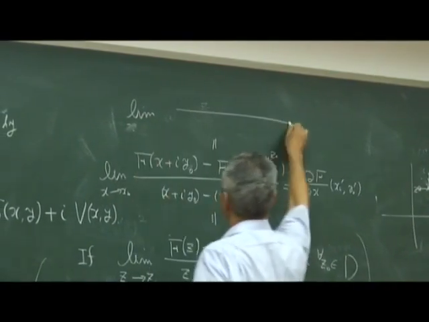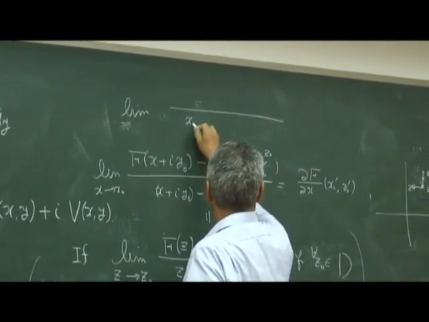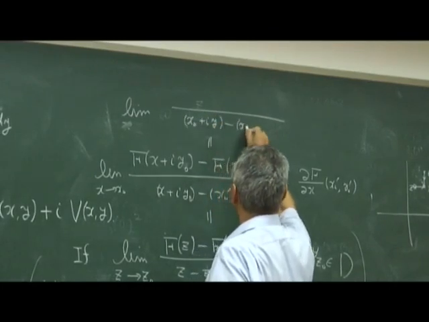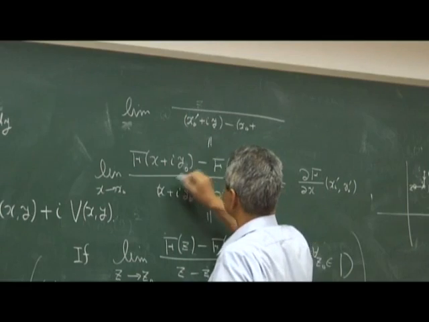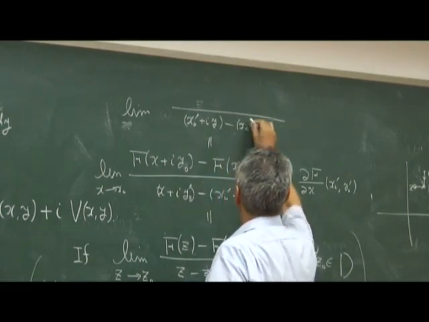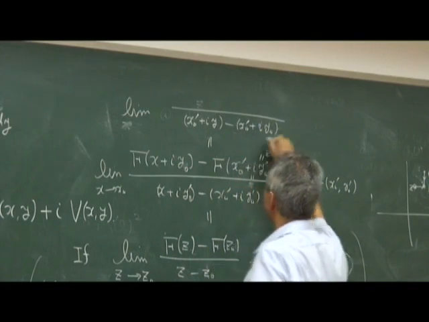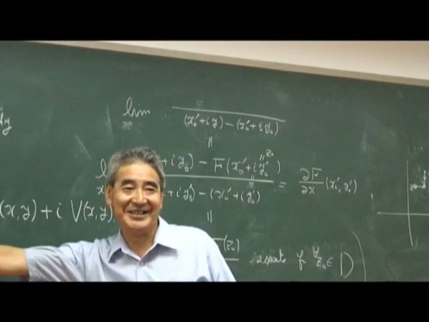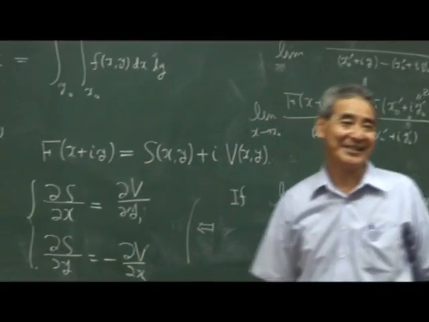In this case, you fix x0 prime, and the point is (x0 prime, y0 prime).